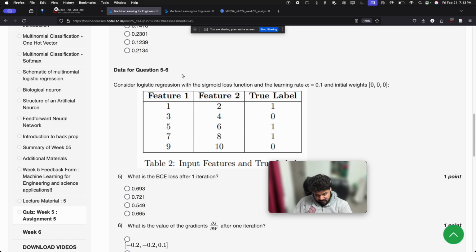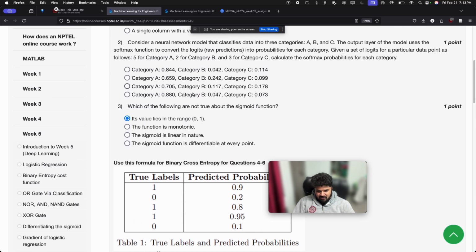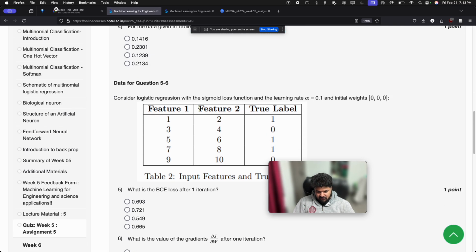For logistic regression, we apply sigmoid over this, so it becomes 1 by 1 plus e to the power minus (w0 plus w1 x1 plus w2 x2). This gives you a value in some certain range, a comma b, which is constant for all values. I am not writing the exact range because you are solving it here.